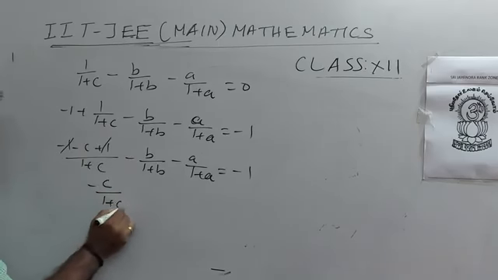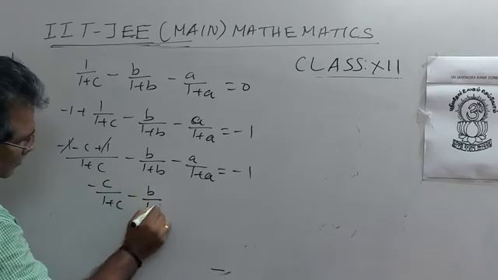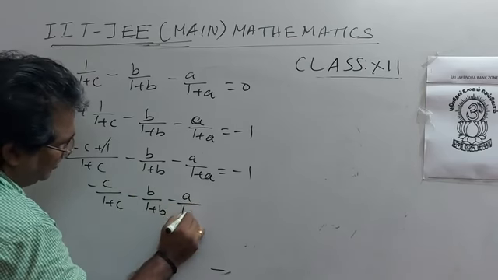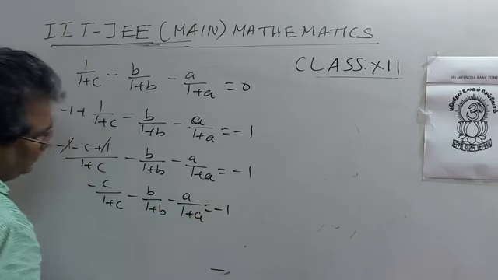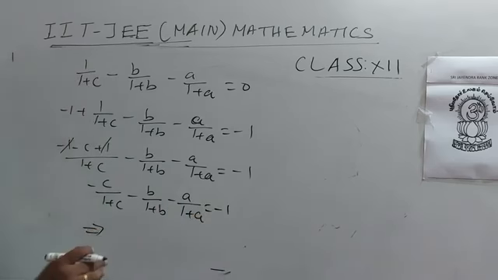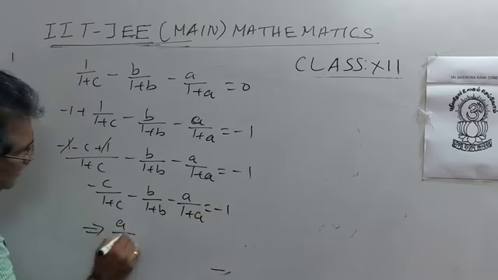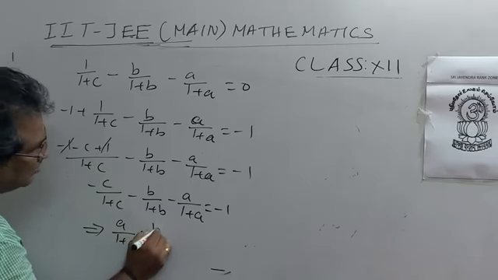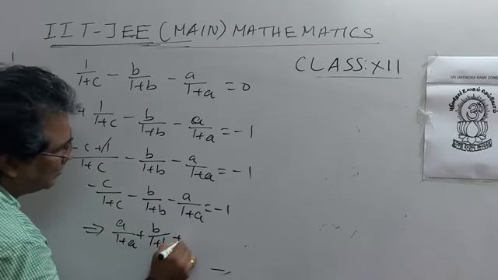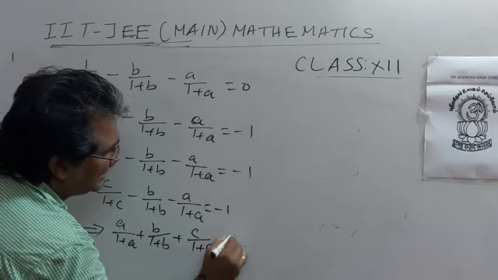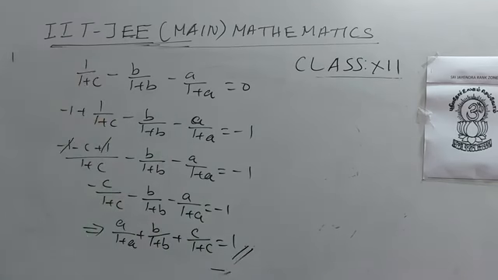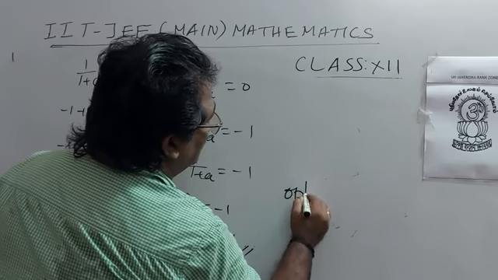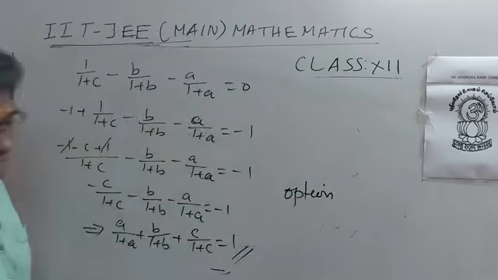Minus c by 1 plus c minus b by 1 plus b minus a by 1 plus a equal to minus 1, which implies, multiplying by minus sign throughout, a by 1 plus a plus b by 1 plus b plus c by 1 plus c equal to 1. So the answer is option B.